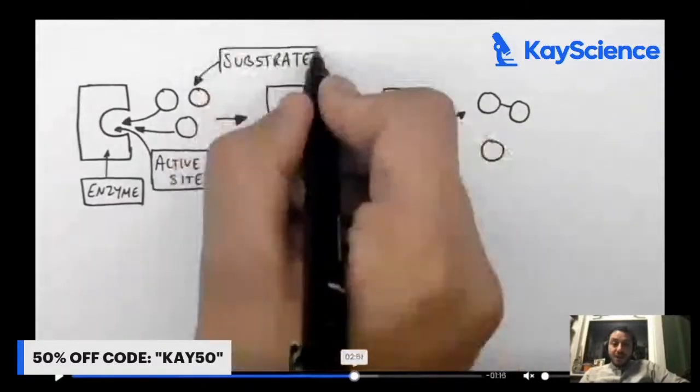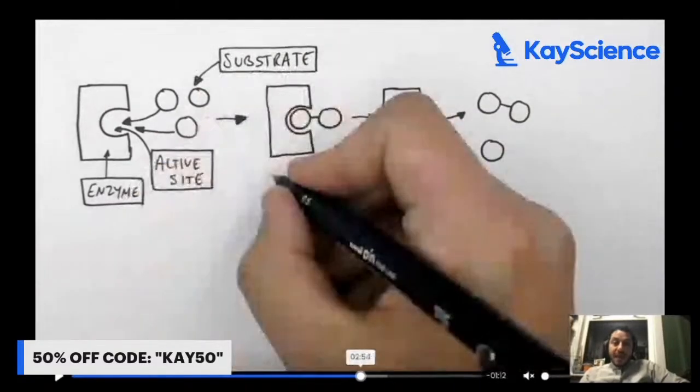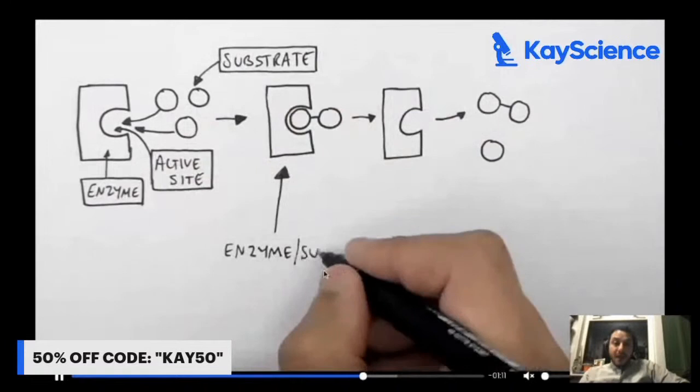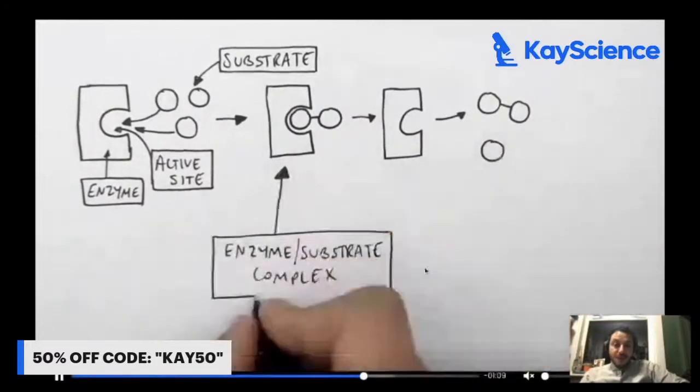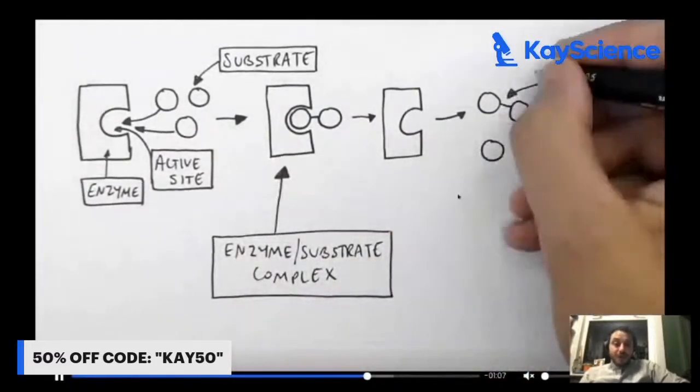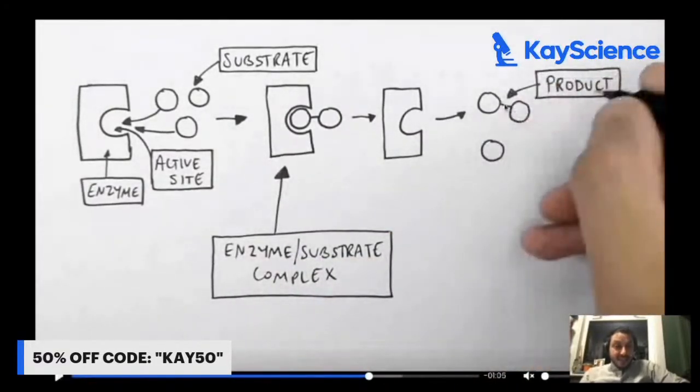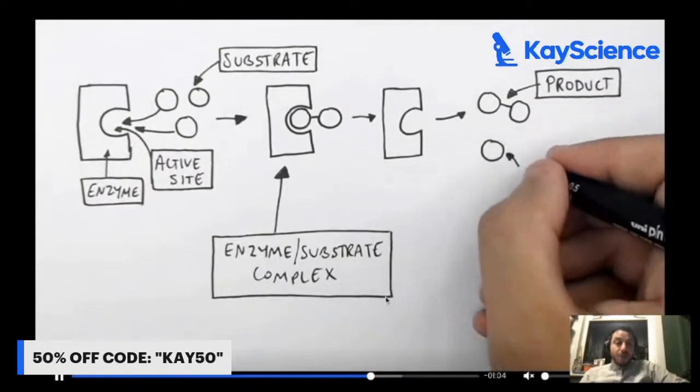These are the substrate molecules. The substrate molecules will then bind the active site of the enzyme to form an enzyme substrate complex. The product, as you can see here, is larger than the substrates. So enzymes can also build larger molecules from smaller ones.